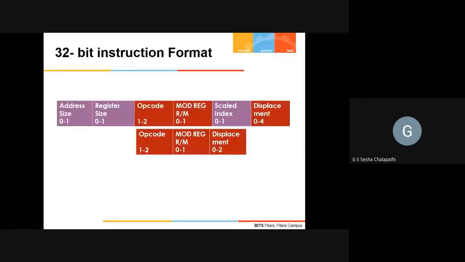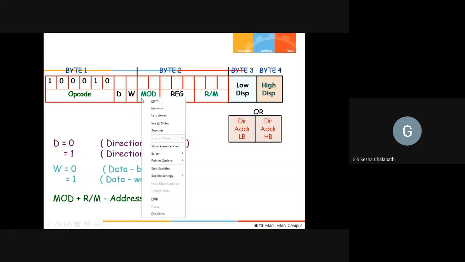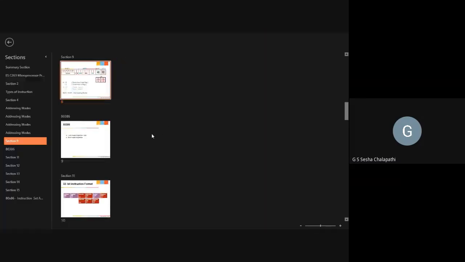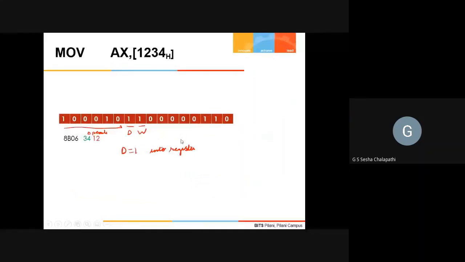Please go back to this: 1 is direction to a register, 0 is from a register. So the direction is into a register, and then, am I moving a byte or a word?